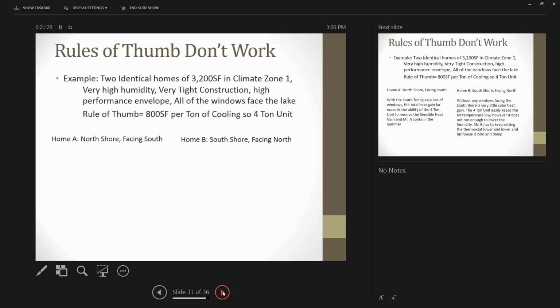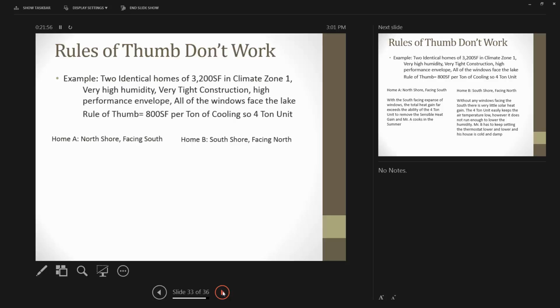What could potentially happen there? Higher requirement for energy. The rule of thumb was the same heating contractor did both of them, and he said, I've been doing this for 20 years, 800 square foot per ton, you both get a 4-ton unit. And this guy's burning more than that guy.